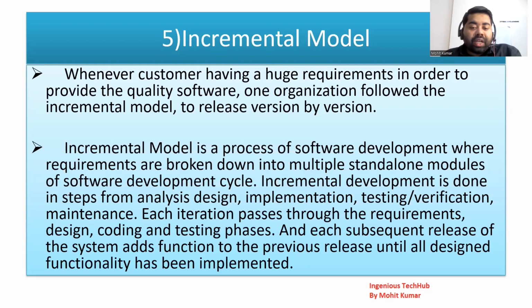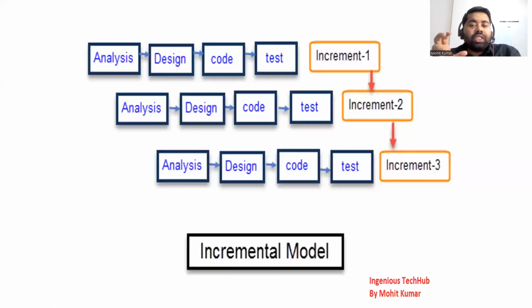So here you can understand how complicated it is. It means again we have to add to the previous function, whatever we have designed. So this is how it is complicated. Definitely, these are all disadvantages we will discuss. So this is how we have an incremental model: we split our requirement into increment 1, increment 2, and increment 3.